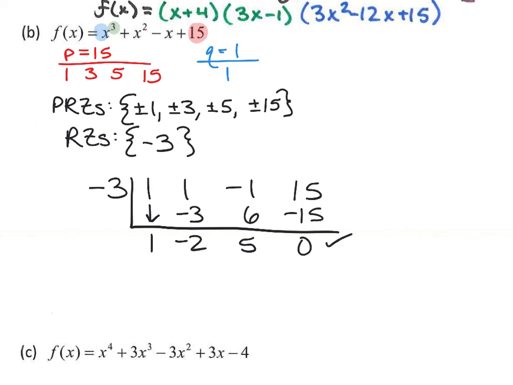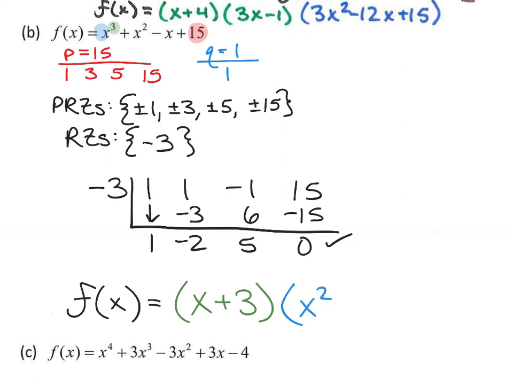We know it should equal 0 at the end for the remainder because it is for sure a factor. We got it off of our list. Which means I can factor this to the linear factor of x plus 3 and the irreducible quadratic factor of the leftovers, x squared minus 2x plus 5.